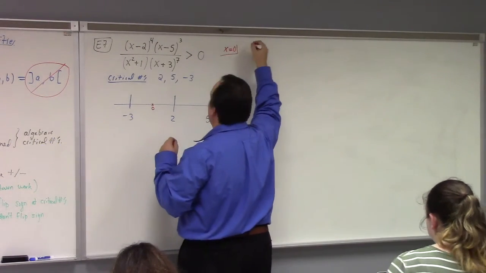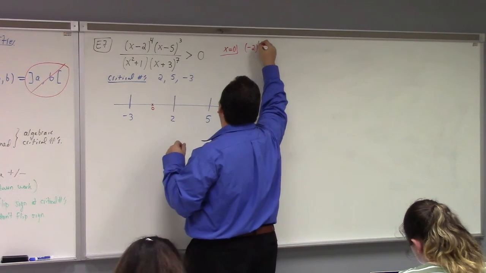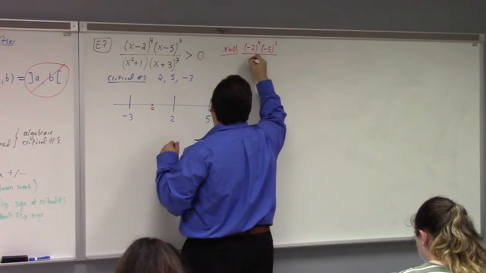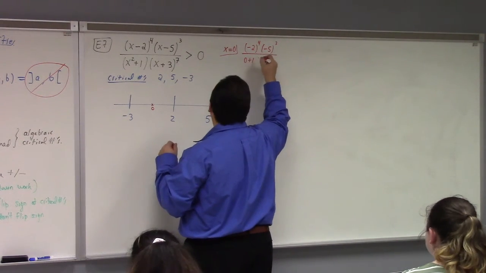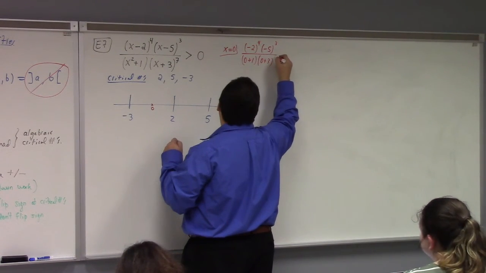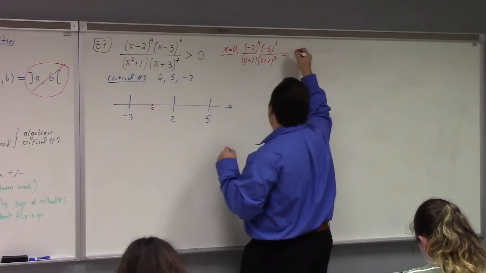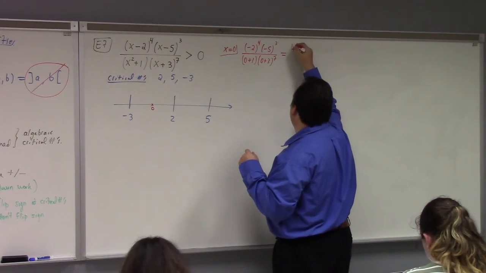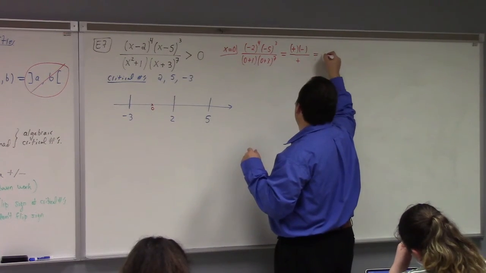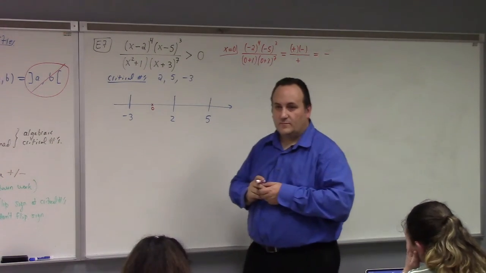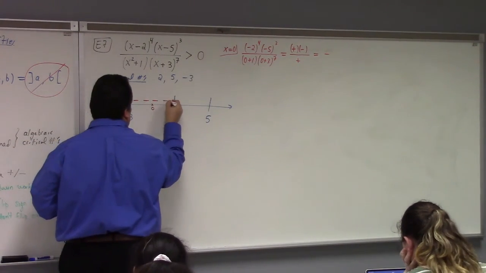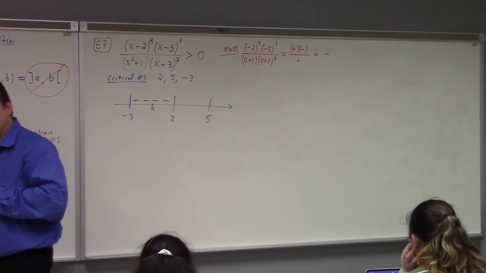We get minus 2 to the fourth power times minus 5 to the third power divided by 0 plus 1, and then 0 plus 3 to the 7th power, which, just keep track of the signs, is plus times minus divided by plus, which is minus. That's a negative number. I don't really care what the number is, it's negative.